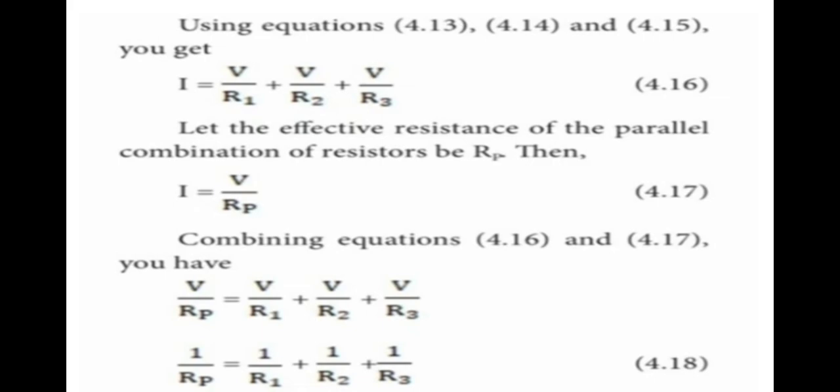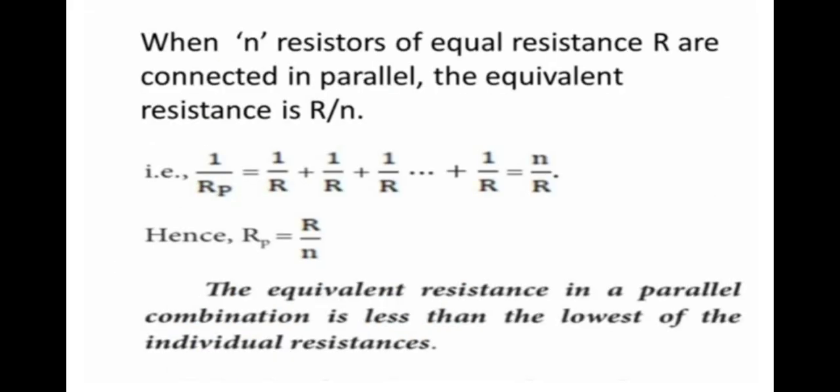Then finally we get 1 by Rp is equal to 1 by R1 plus 1 by R2 plus 1 by R3. Then we know that for n equal resistors, 1 by Rp is equal to 1 by R plus 1 by R plus 1 by R. Finally, we get 1 by Rp is equal to n by R. So, Rp is equal to R by n.